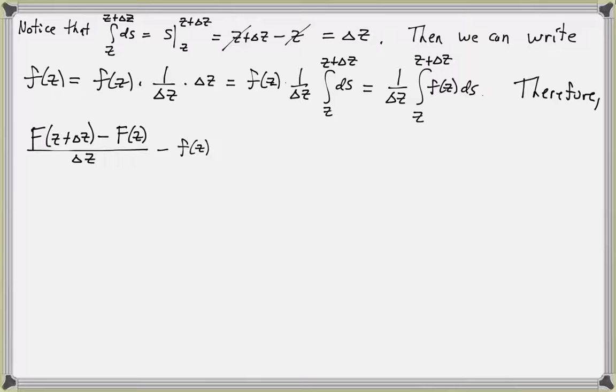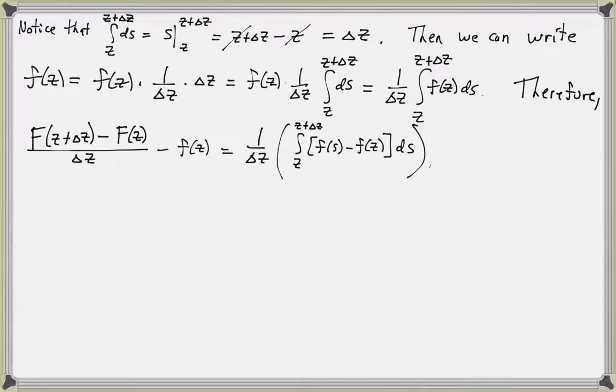So we see that this quantity will equal 1 over delta z times the integral that we established on the last page, the integral from z to z plus delta z of f of s ds, but when I subtract f of z, I can write this as f of s minus f of z ds.